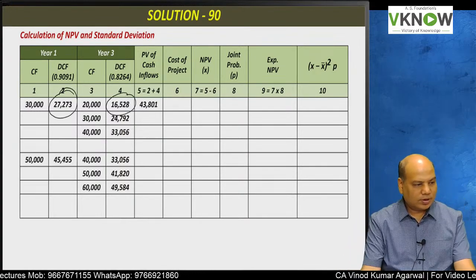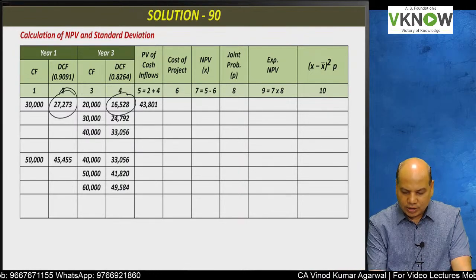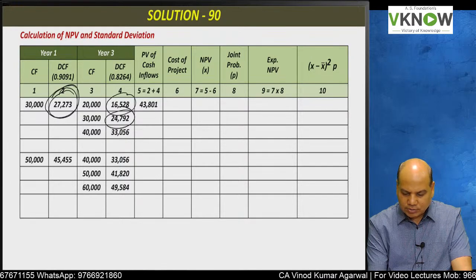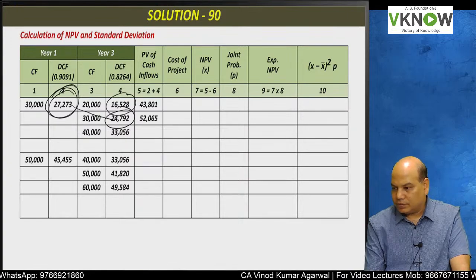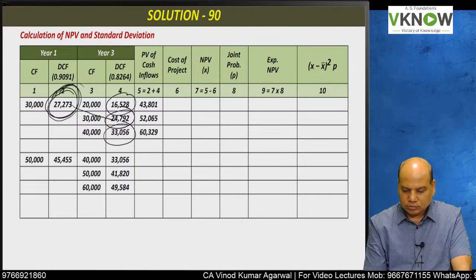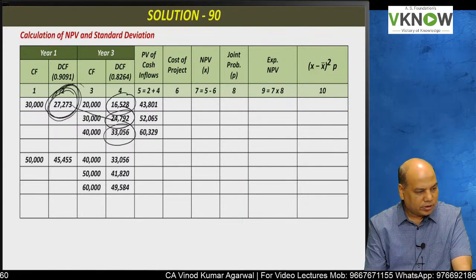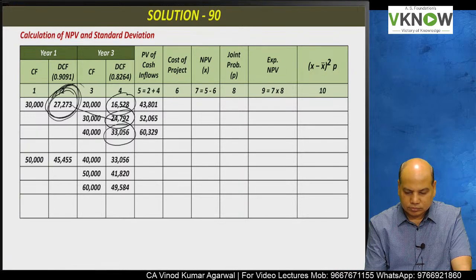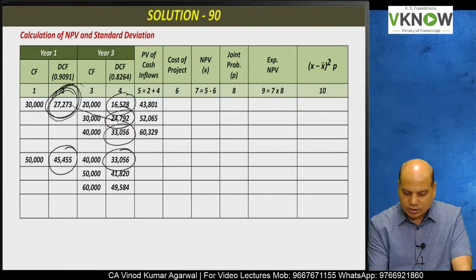Very good. Next you add this number and this number: 52,065. This number and this number: 60,329. Again: 78,511.